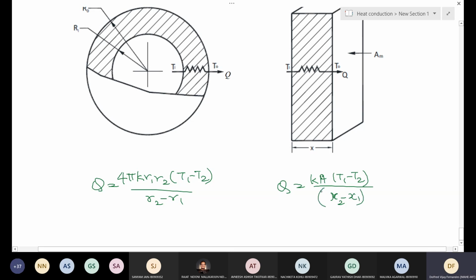It simplifies easily because R2 minus R1 is equal to X2 minus X1, so it will cancel out, k will cancel out, T1 minus T2 will cancel out. So we can easily obtain the area for these two.